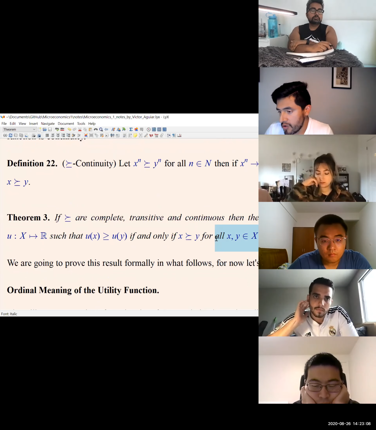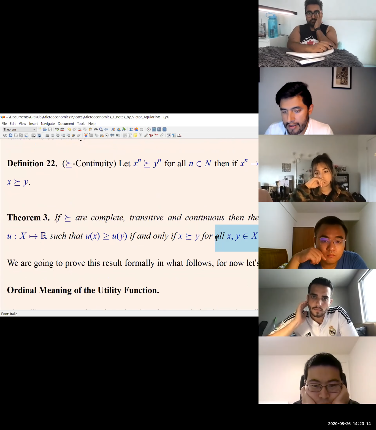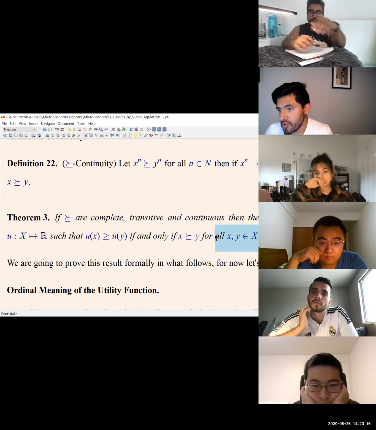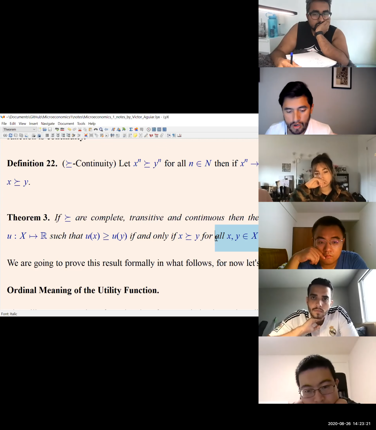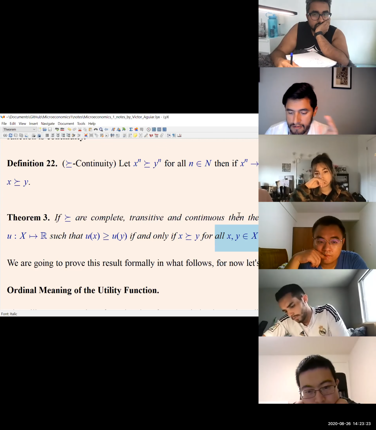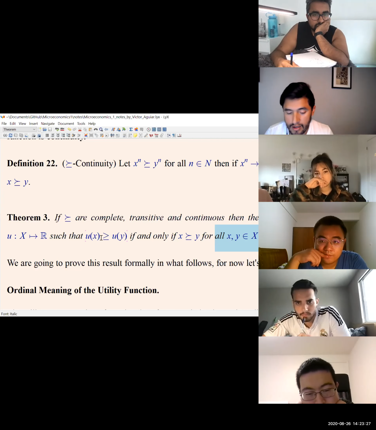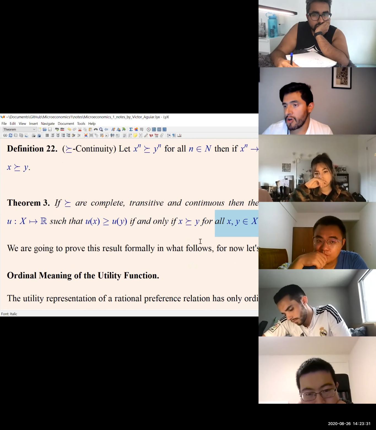Therefore, you actually need a utility representation for those cases, not only for discrete cases. In this particular case, you cannot have utility representations if you don't have continuity. So if preferences are complete, transitive, and continuous, there exists a continuous mapping U such that U(x) is greater than or equal to U(y) if and only if x is better than y. The full proof is going to be done in the main class.